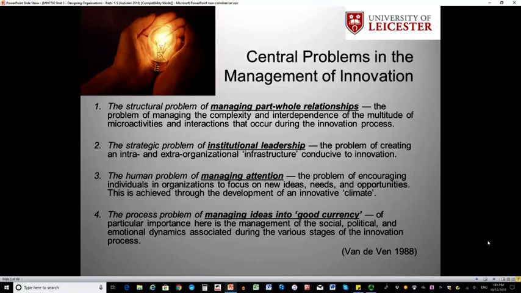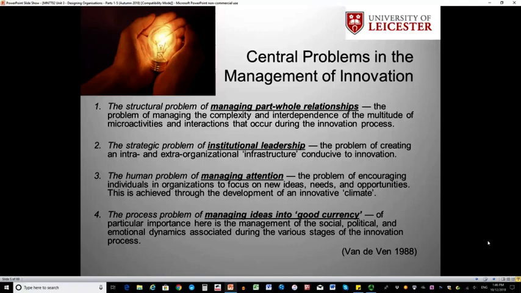In other words, if it's a private sector organisation, how do you take an idea from its inception through to commercialisation, through to a product or a service that you commercialise, that you bring into the marketplace? Or if you're a public sector or charity organisation, how do you take that idea from inception right through to its bringing into use, as we discussed a little bit in the previous lecture.